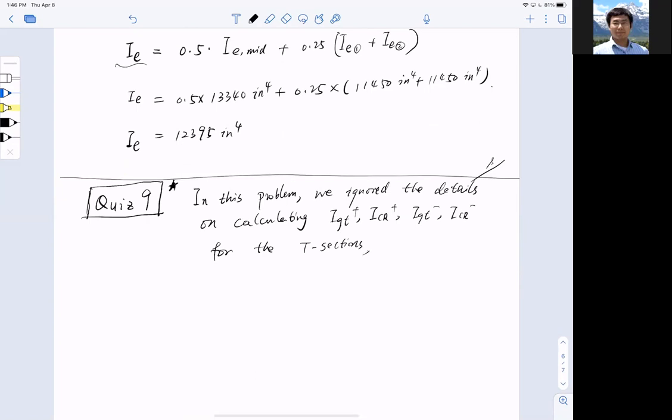So in this quiz, please show details. I just want you to work through them. So 1, IGT positive, 2, ICR positive, 3, IGT negative, 4, ICR negative.